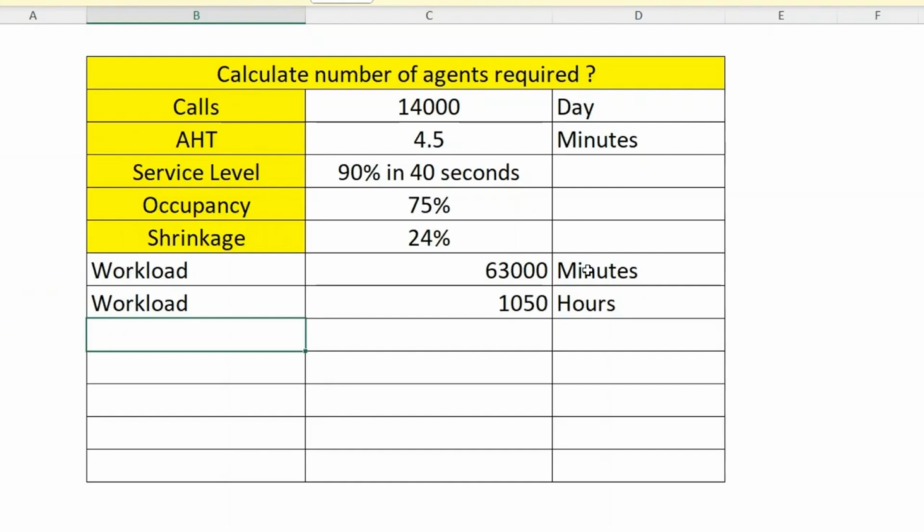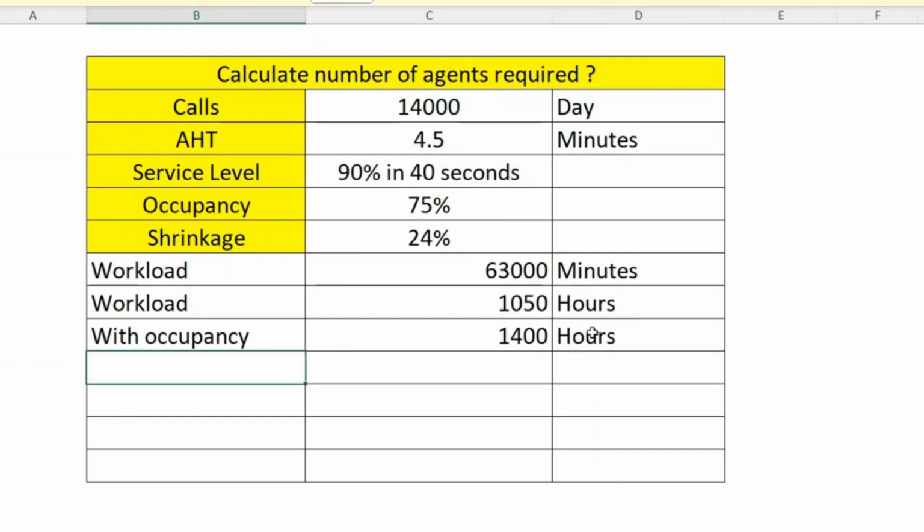After that, we have to calculate and apply the occupancy and shrinkage. So now let's apply the occupancy. With occupancy, the calculation would be your workload hours divided by your occupancy, which is 75%. So after applying the occupancy, we need to have 1400 hours.